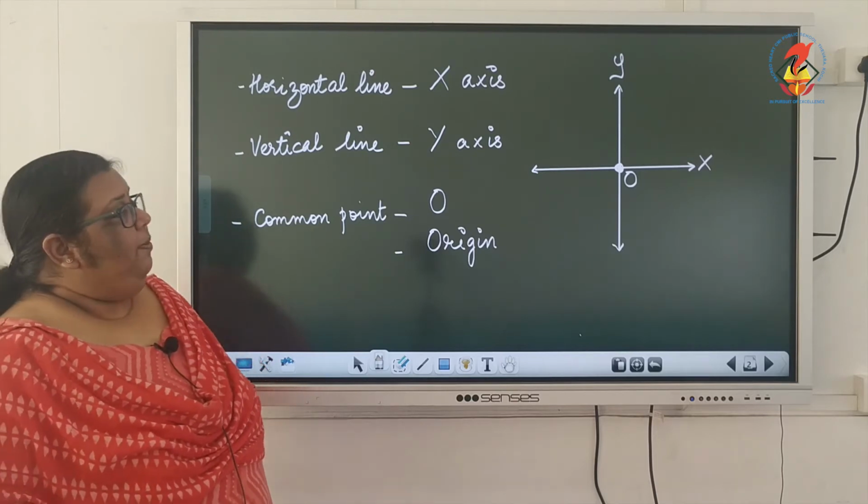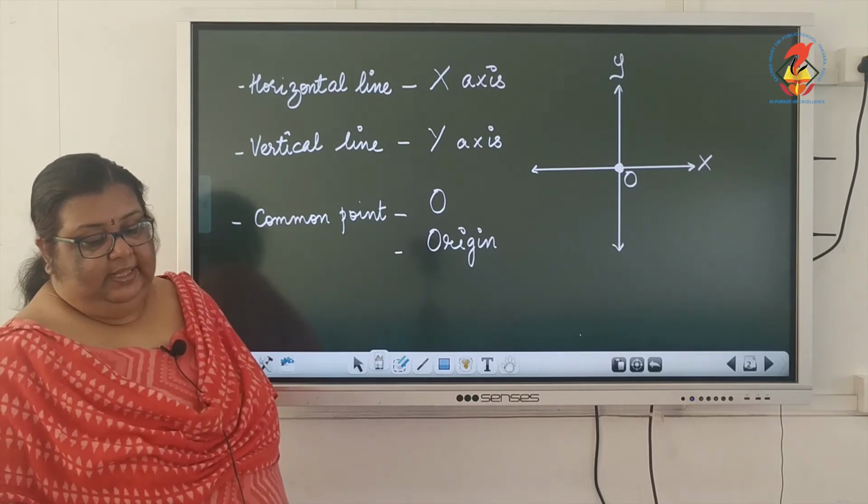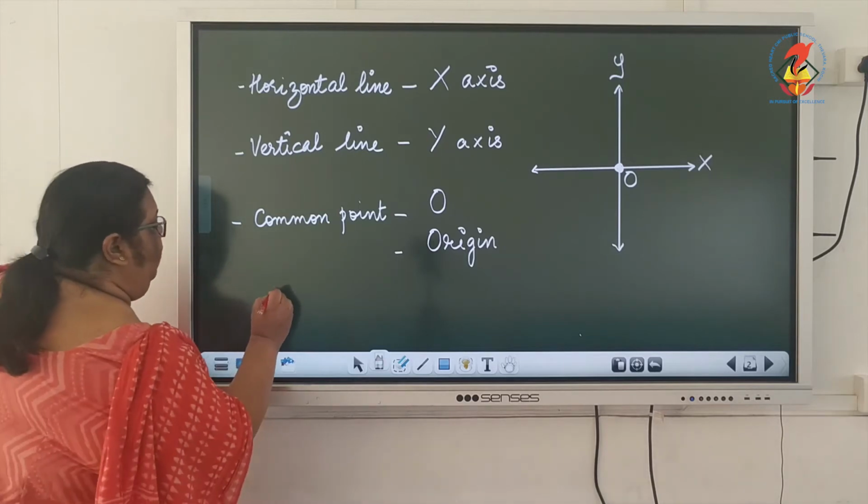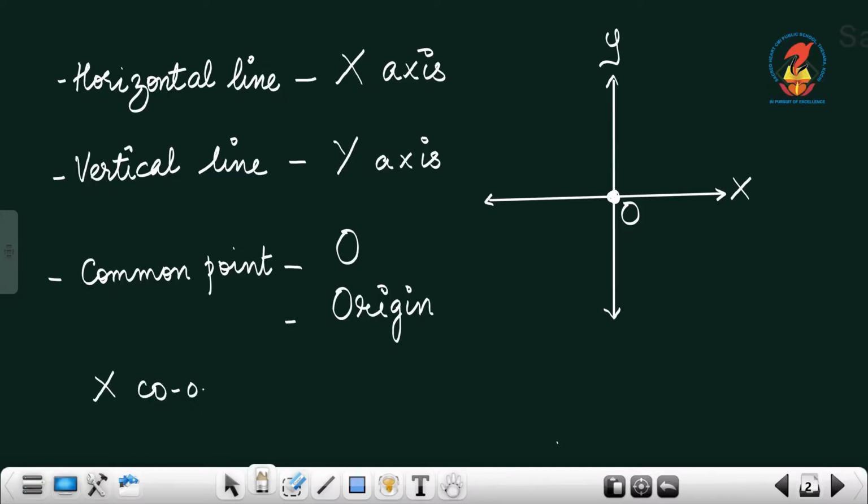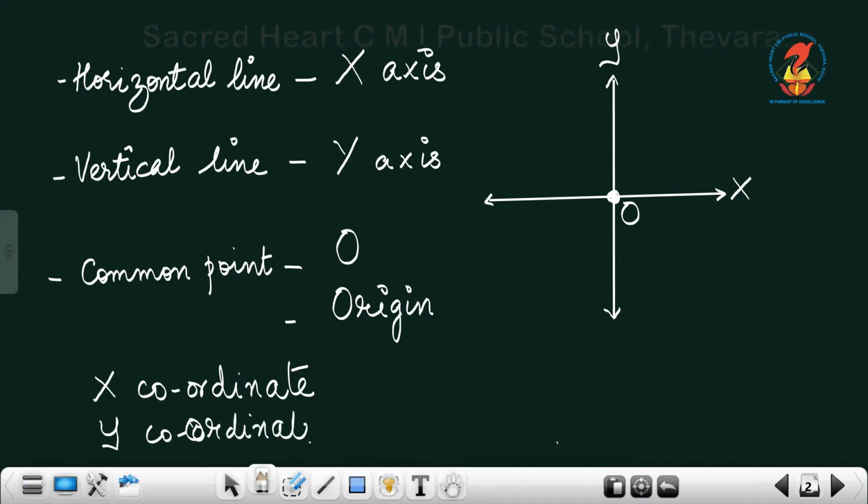Now the distance of a point from the y-axis is called the x-coordinate, and the distance of a point from the x-axis is called the y-coordinate. Another name for x-coordinate is abscissa.